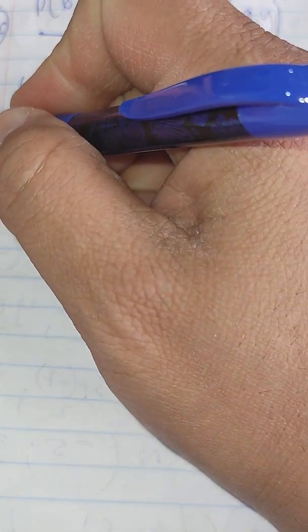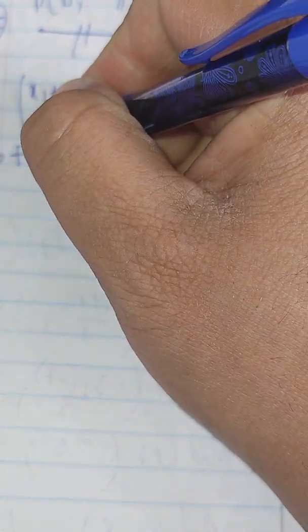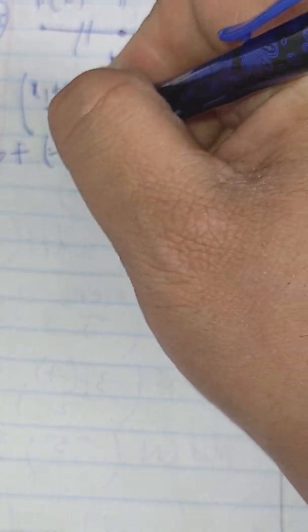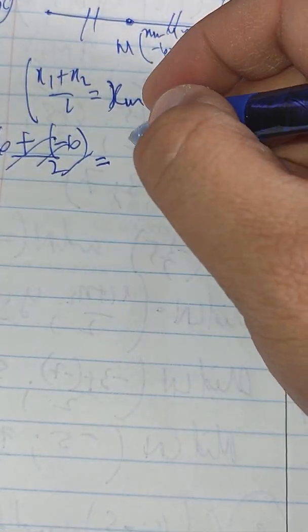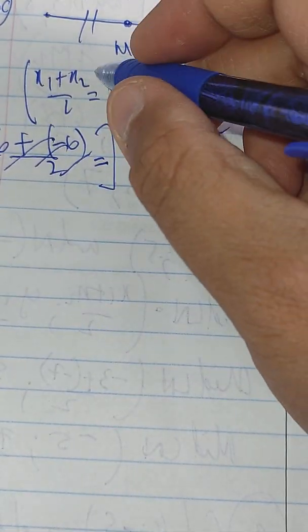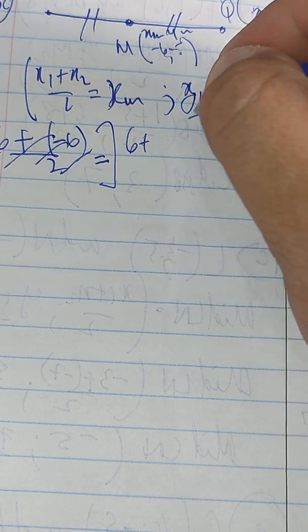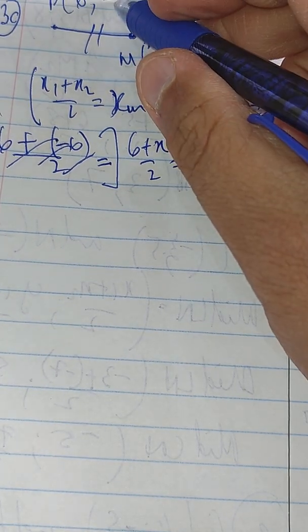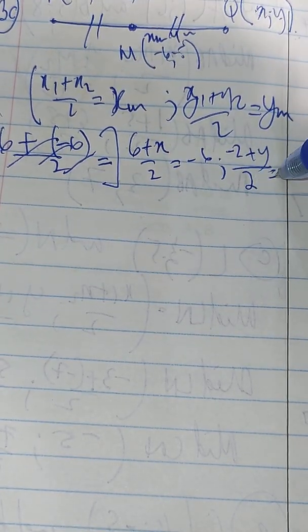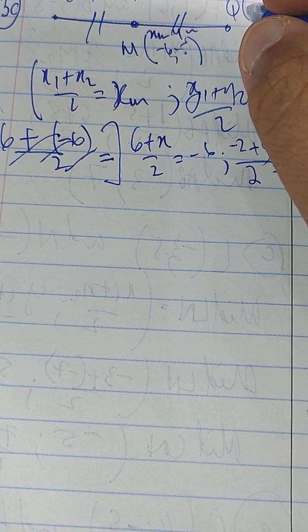So 6 plus x over 2 is equal to negative 6. Negative 2 plus y over 2 is equal to y mid, which is 5.